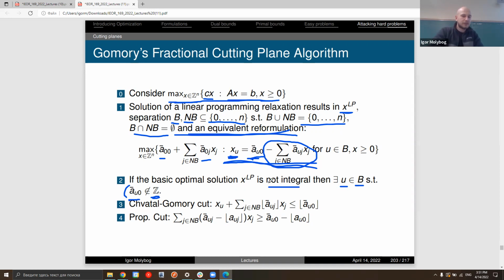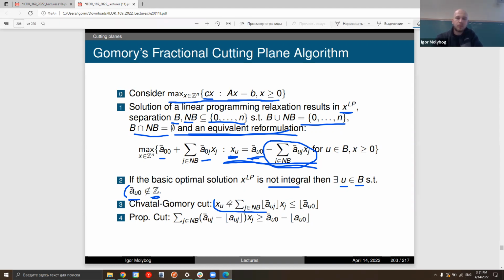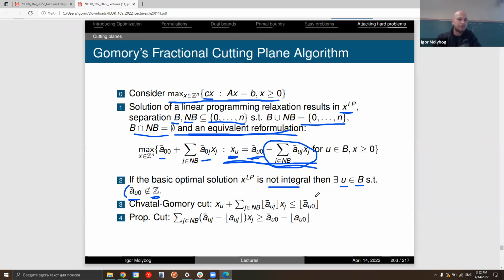And so the CG cut in this case is going to be this cut over here, which is basically applying the third CG inequality to an inequality that arises from this equation, right?